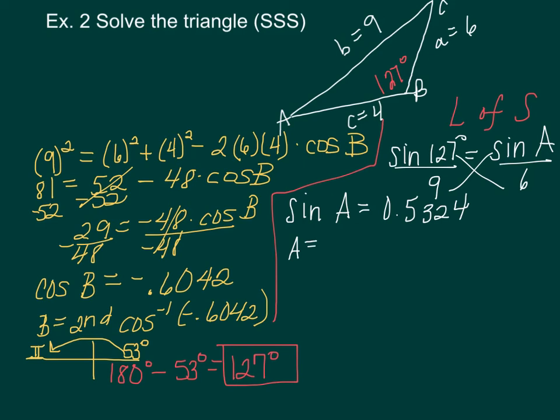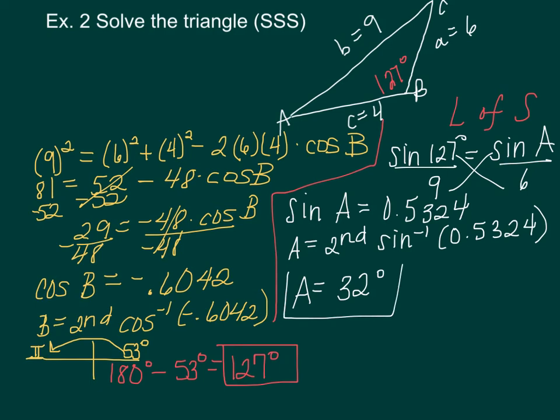And then you do second sine. And since it's positive, we're okay. As long as that angle's positive, we're in quadrant 1, you're fine. It's when it's negative where we have that issue. So that means that angle A is 32 degrees. Now, how do we find angle C?